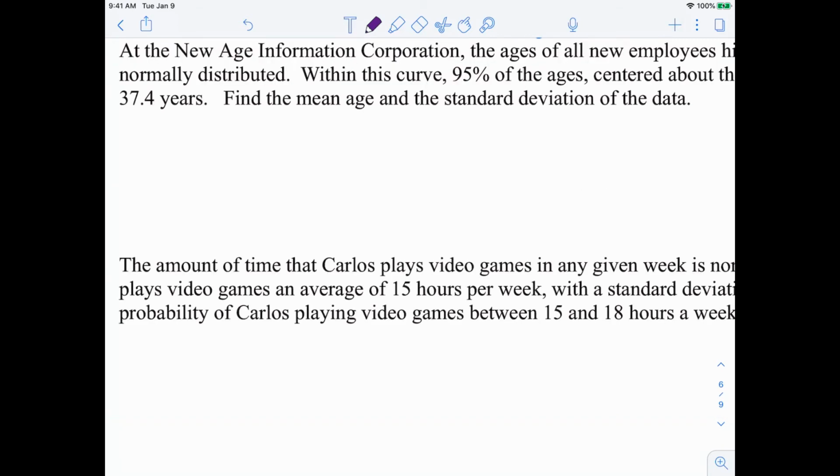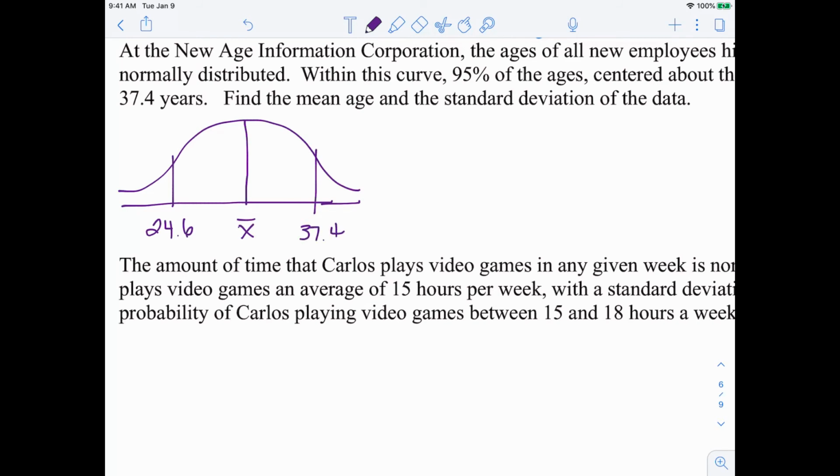Okay, once again, I'm going to try and sketch out the information I'm given here. So it's normally distributed, so I'm going to draw the normal model. The mean would go in the middle, but they didn't tell us the mean. They did tell us that 95% of the ages are centered between 24.6 and 37.4.